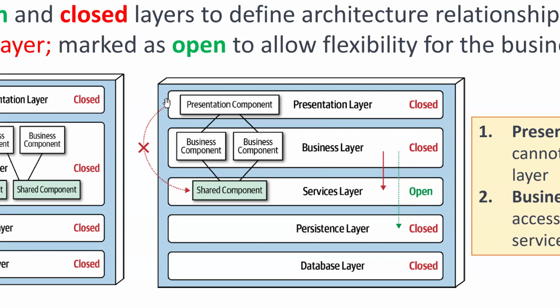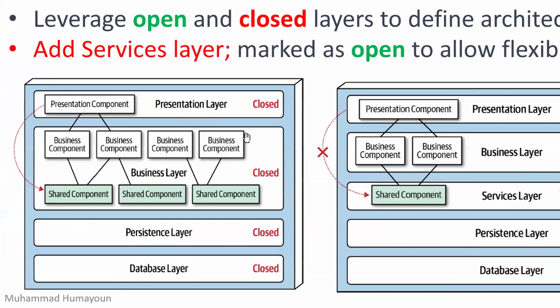But the presentation layer cannot bypass the business layer and talk to the service layer to access these shared components. This is precisely what we wanted: to control the access of the presentation layer and stop its access to these shared components.